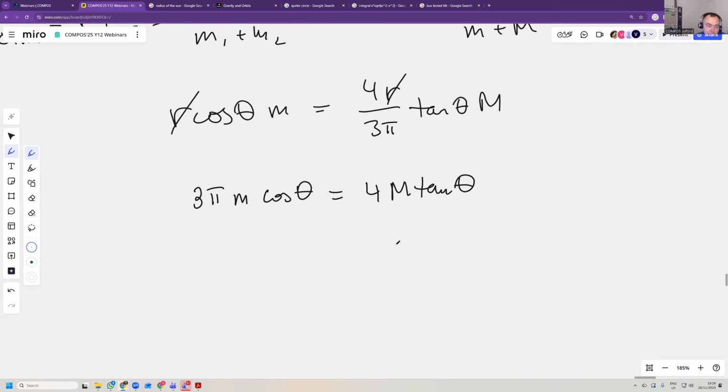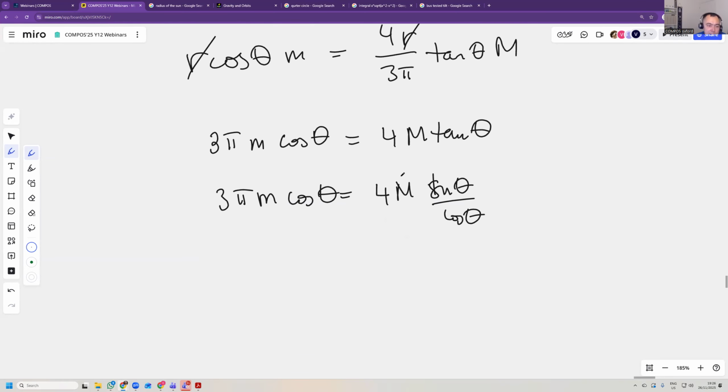Tan theta is sine over cos. So 3 pi m cos theta equals 4m sine theta over cos theta. Then we multiply it by cos theta, so we get 3 pi m cos squared theta equals 4m sine theta.